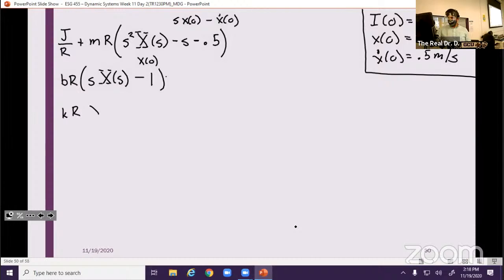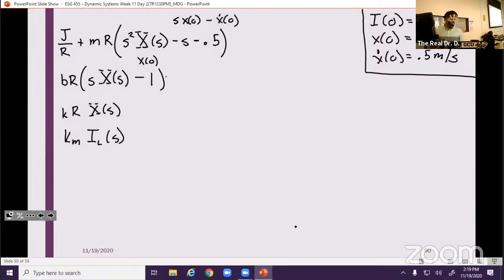Then I have KR X of s. On the right-hand side of that equation, I have Km times I_L, which becomes Km I_L over s.